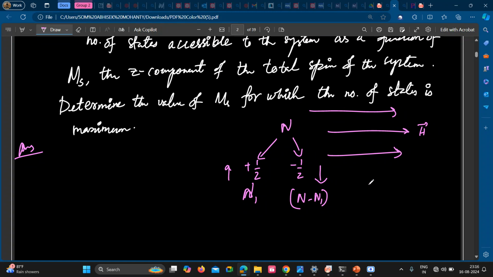Can you tell me? Number of states in this, do you remember how to solve this question?